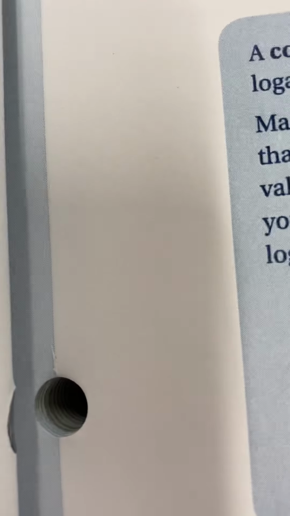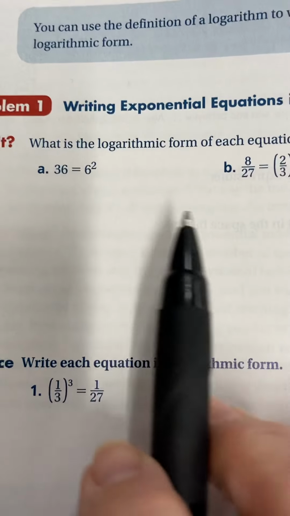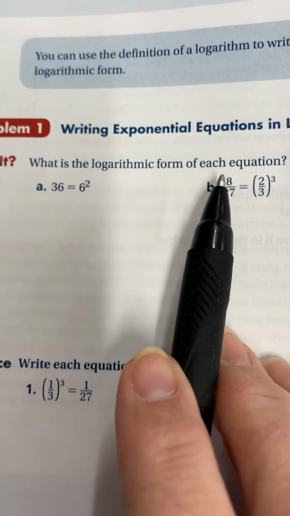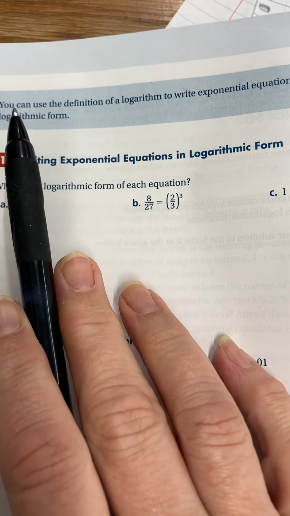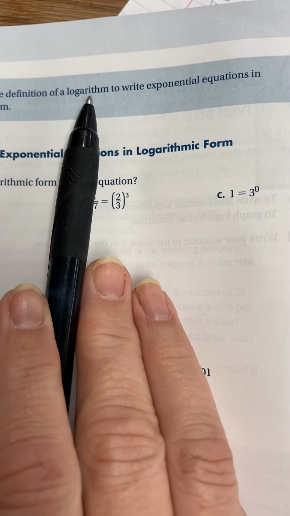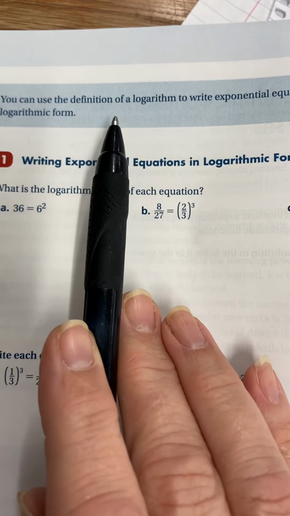All right, so if you want to go ahead and turn over to page 526, we'll go through some examples together here and see what we can come up with. All right, so on 526, it asks, what is the logarithmic form of each equation? It says you can use the definition of a logarithm to write exponential equations in logarithmic form.